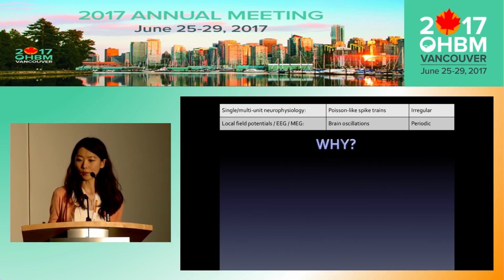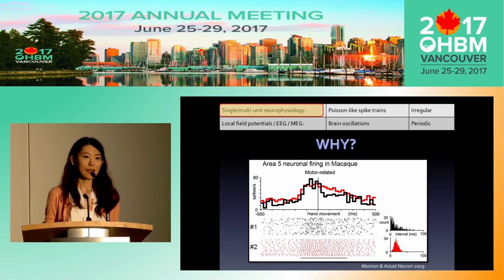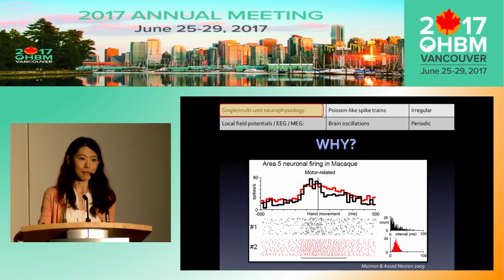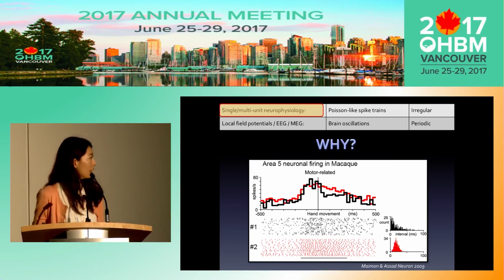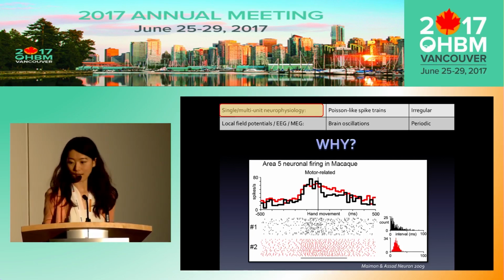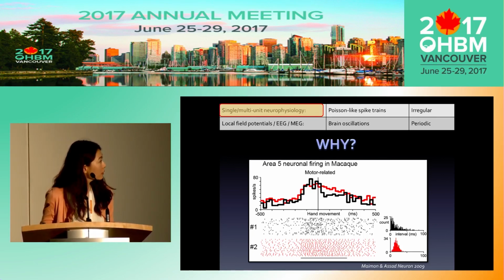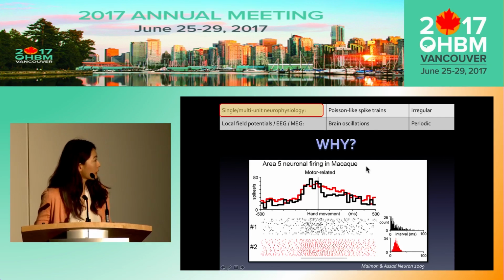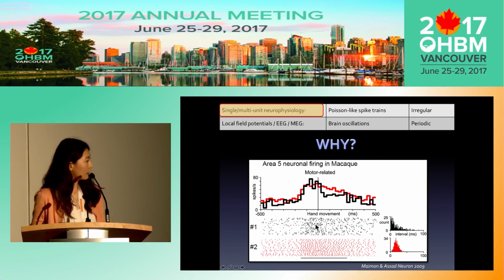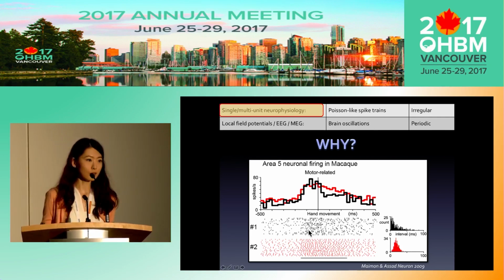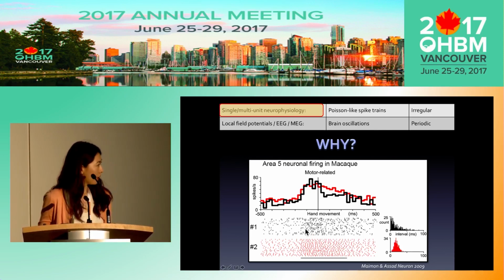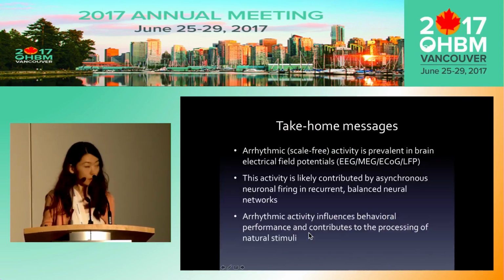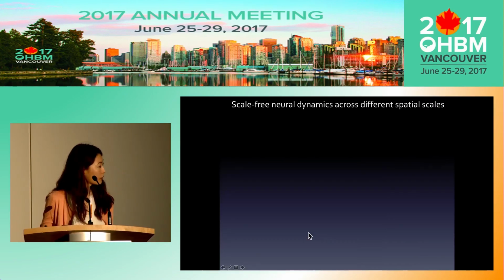In unit physiology, we know that most pyramidal neurons fire in a Poisson-like manner, or at least an irregular manner, such as this black neuron here recorded from the primary motor cortex in the macaque.